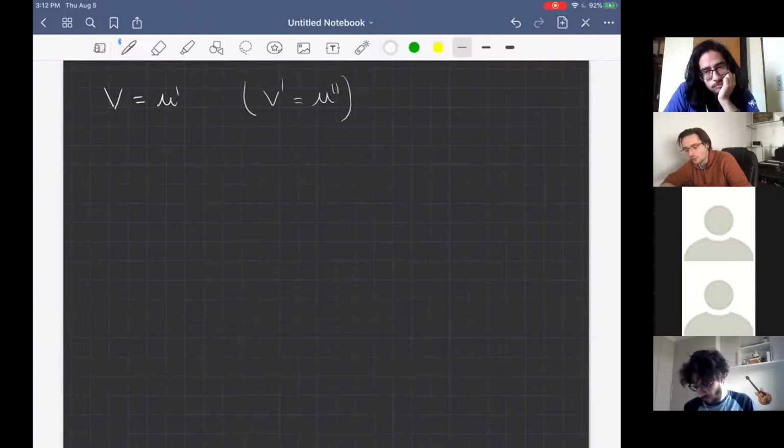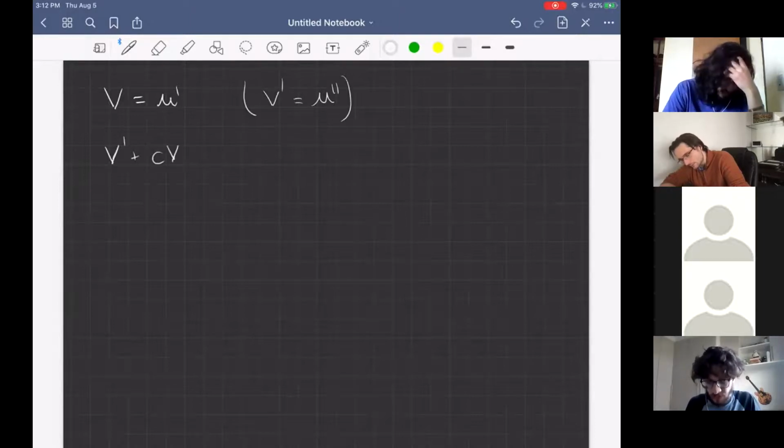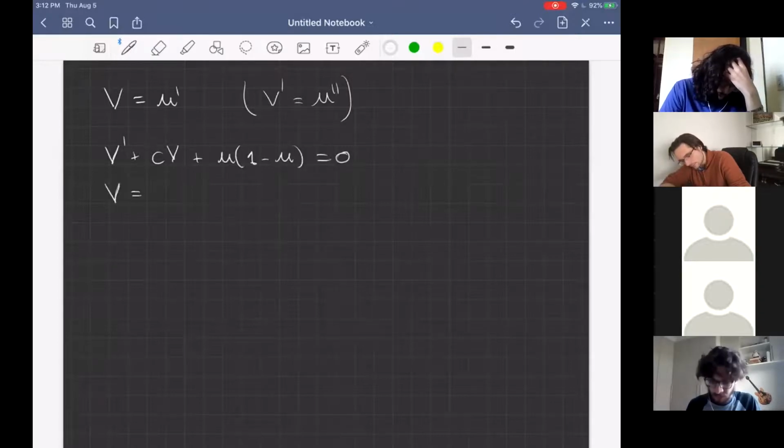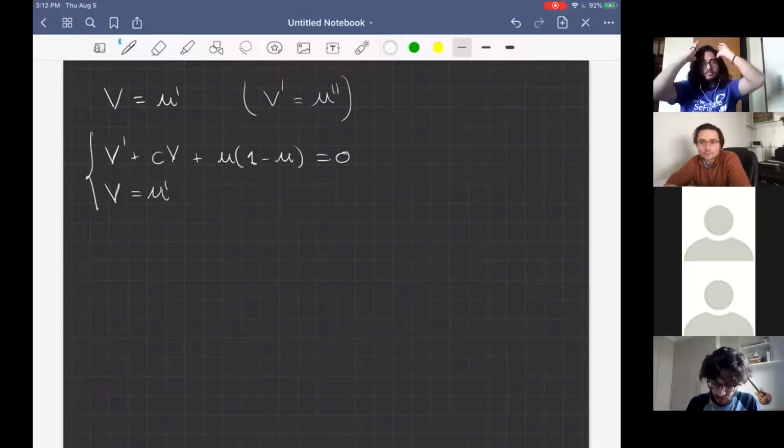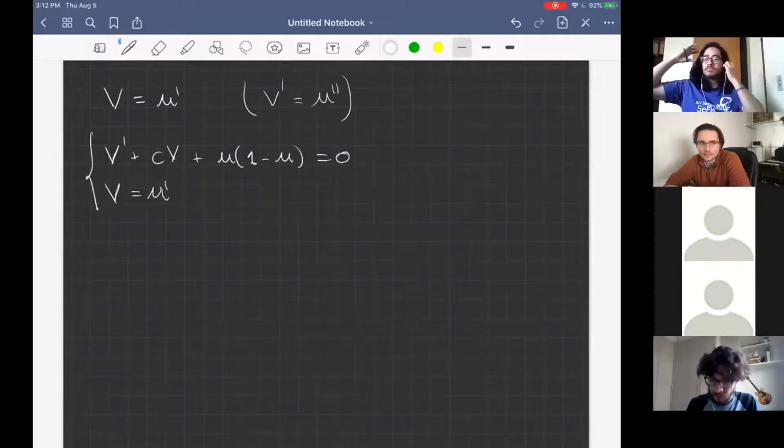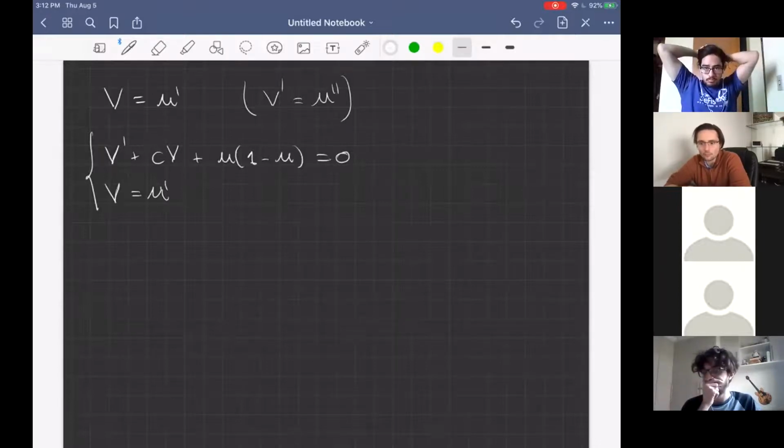If I do this change of variables, then my system is now two-dimensional, but it's first order, and those are the systems that we learned how to analyze 2 days ago. So I can move a little bit further with this.